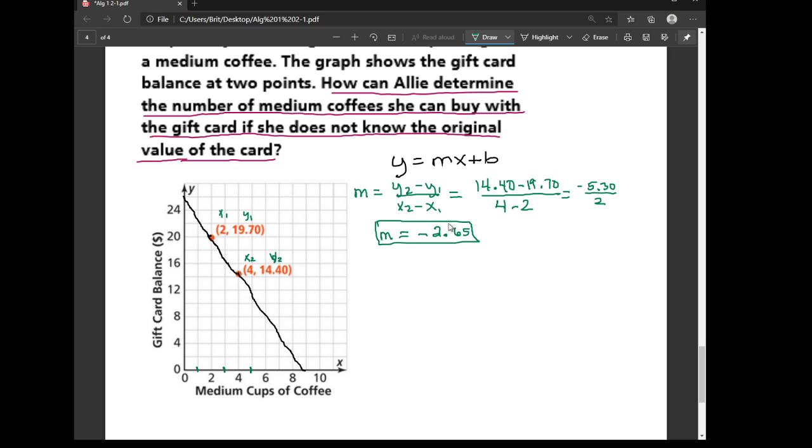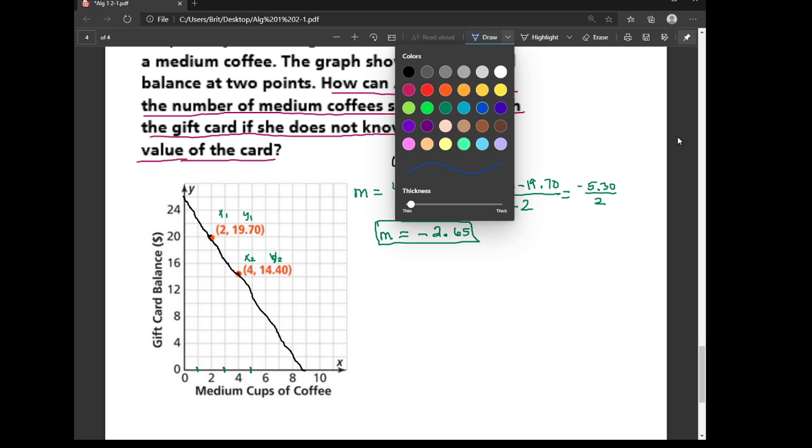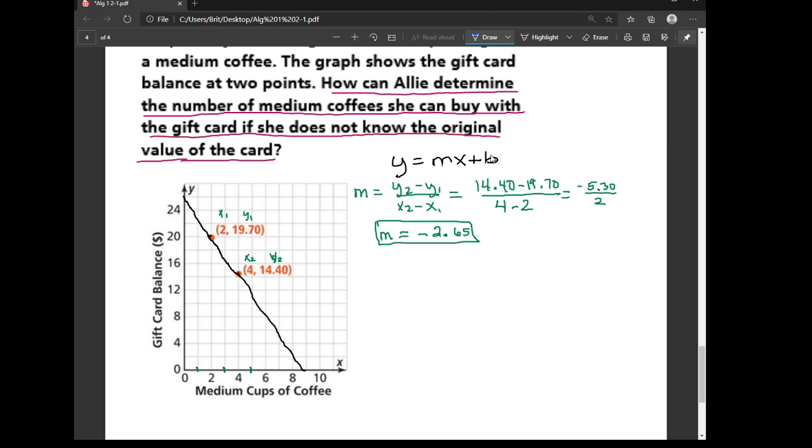So now that I know the slope, I can find out the value of the gift card if I really want to. This b value, the y-intercept, is the point at which this graph will cross the y-axis. If I look at this, the number of coffees purchased on that axis is 0 cups of coffee.